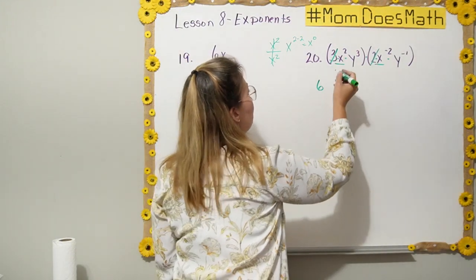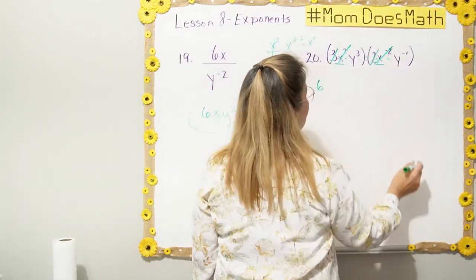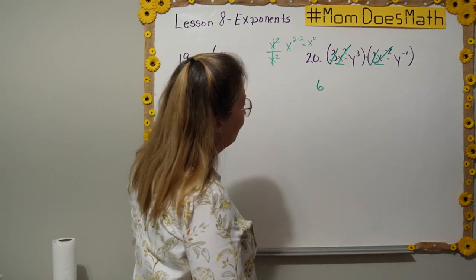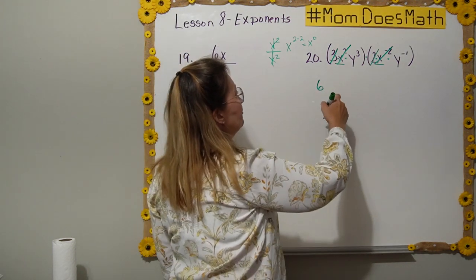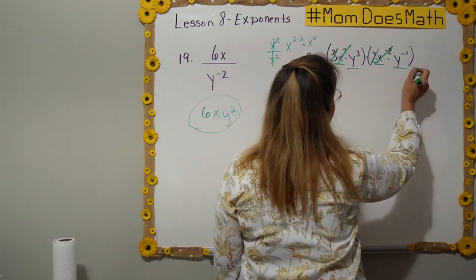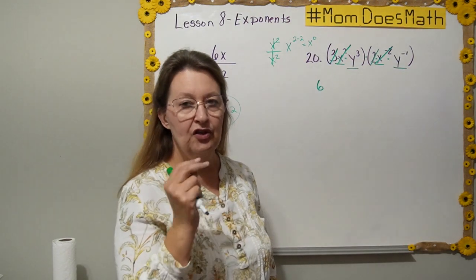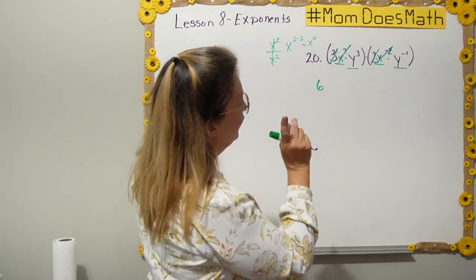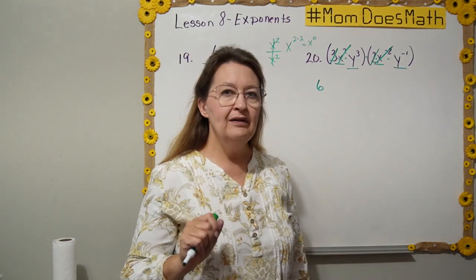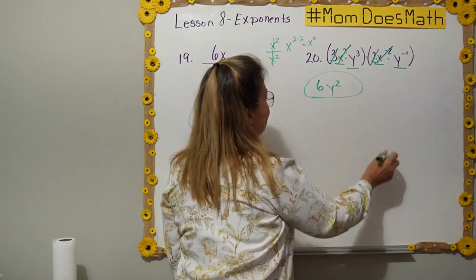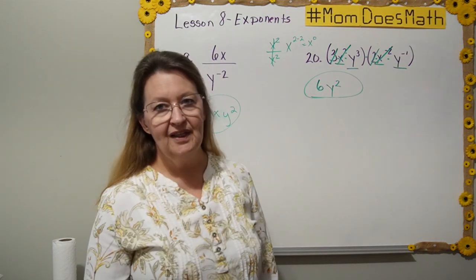So either way you want to look at it, these two things are 1, and when you multiply them by 6, you just get 6, okay? So the last thing to simplify is y to the third and y to the negative 1. 2 bases, 2 exponents, so you're going to add. When you add 3 plus negative 1, you get positive 2. So your simplified form is 6y squared, okay?